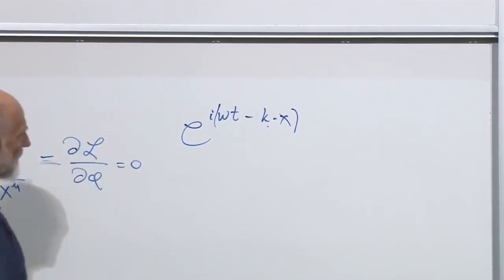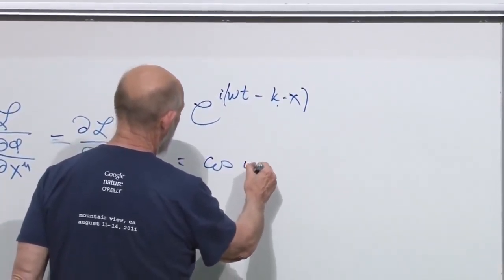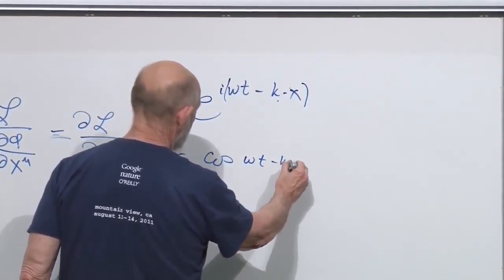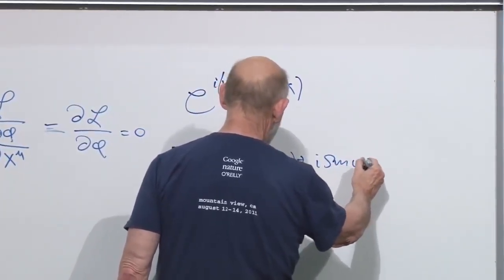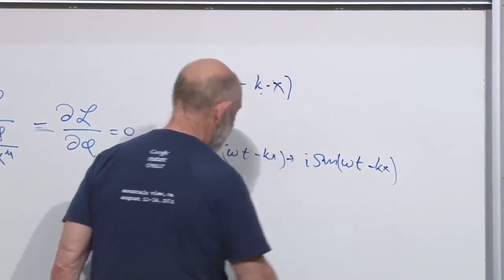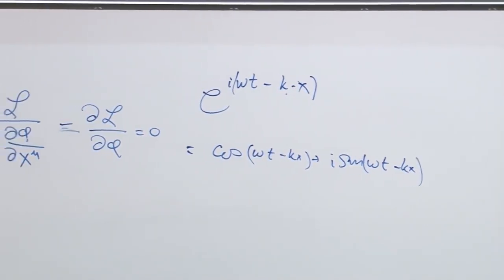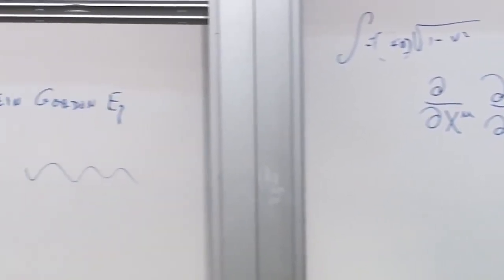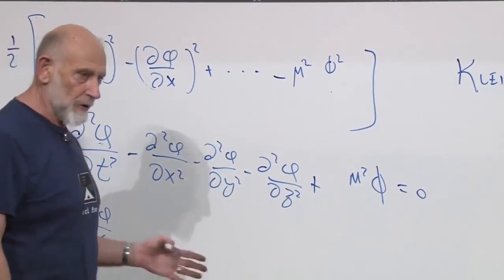Okay, so this is equal to cosine of omega t minus kx plus i sine of omega t minus kx. If something is equal to 0, as we went through in the exercise, it means both its real and imaginary parts are equal to 0.